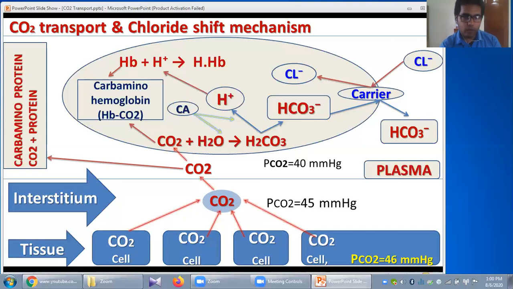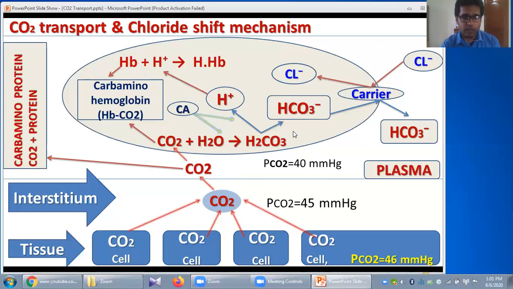Another point I want to mention here, that as more and more carbon dioxide enters into the red blood cell and produces hydrogen ion, this hydrogen ion ultimately binds with, or is buffered by, the hemoglobin molecule, which makes the hemoglobin molecule acidic, and acidic hemoglobin has a lower affinity for oxygen. So at the tissue level, what happens?